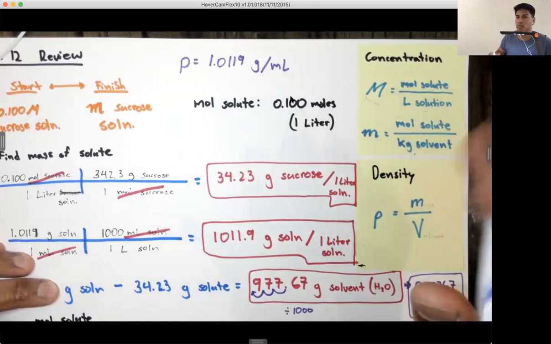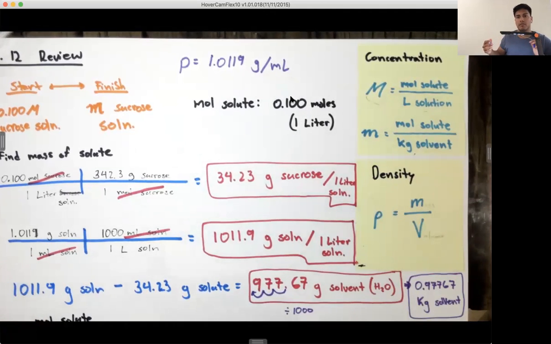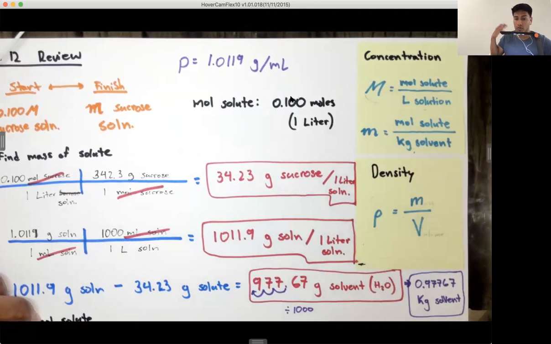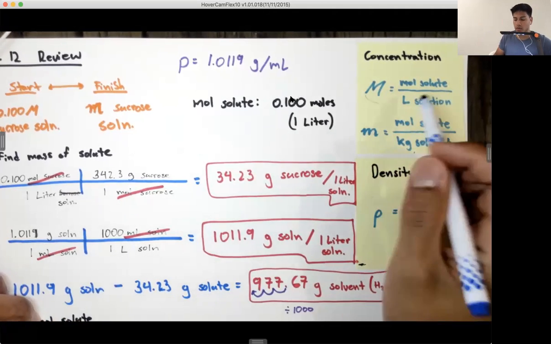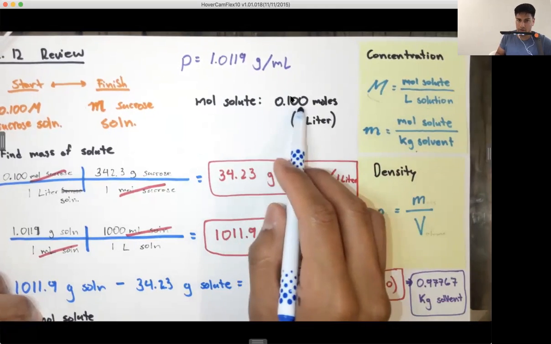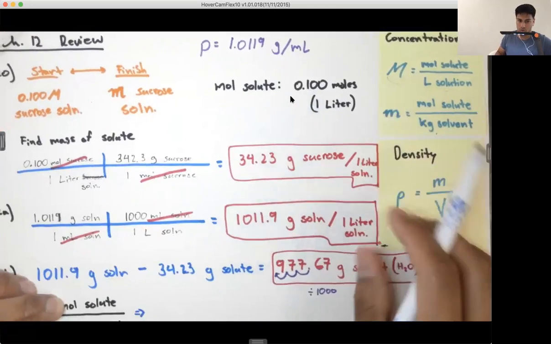At least for high school chem. Later on, when you don't have exactly 1 liter, or you're doing the calculation a little differently, then you have to do some conversions. But in this case, it means the moles of the solute per 1 liter of solution. So we know that we have 0.100 moles.